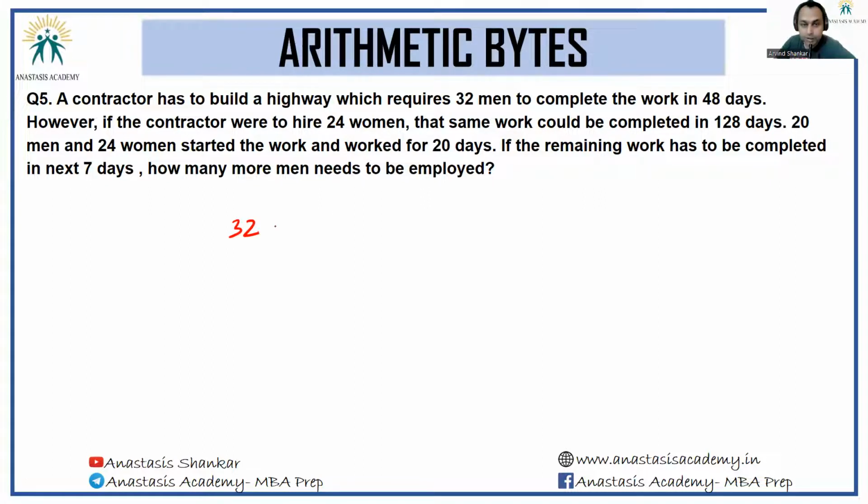So 32 into 48 M, where M is the efficiency of one man, is equivalent to 24 into 128 W. Cancel, cancel, you get 2 here, cancel, cancel, you get 4 here, cancel, cancel, you get 2 here. So effectively, we know a man is equivalent to 2 women. In terms of efficiency, a man is equivalent to 2 women.